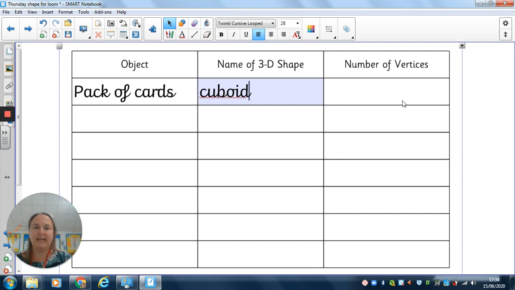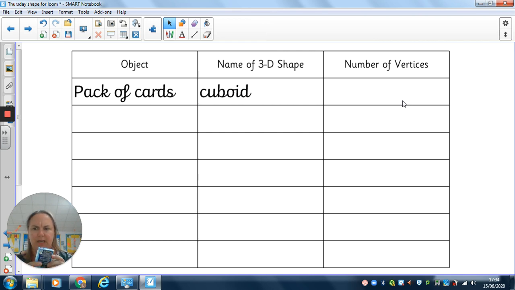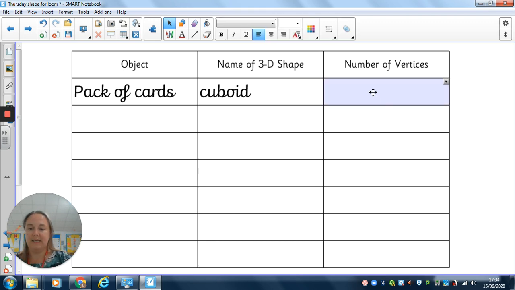And then I need to count the vertices. Be really careful you don't keep counting the same ones over and over again. So where my edges are meeting, I've got 1, 2, 3, 4 vertices here. And if I flip it over, I've got 1, 2, 3, 4 again. So in total, I've got 4 here and 4 here. That gives me 8 vertices. So I can say number of vertices is 8.